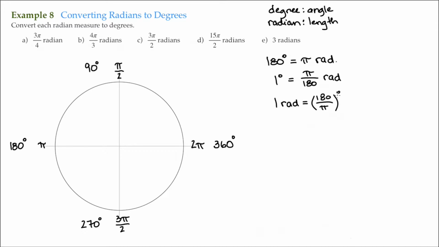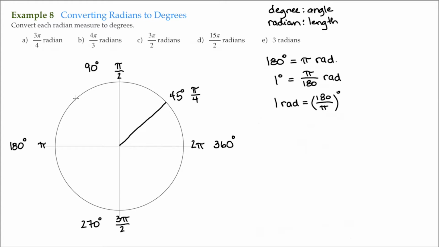So as we look at letter A here, where it says 3 pi over 4 radian, now keep in mind that 45 degrees, that's half of 90 degrees. And half of pi over 2, that's pi over 4. I got 45 degrees, another 45 degrees.